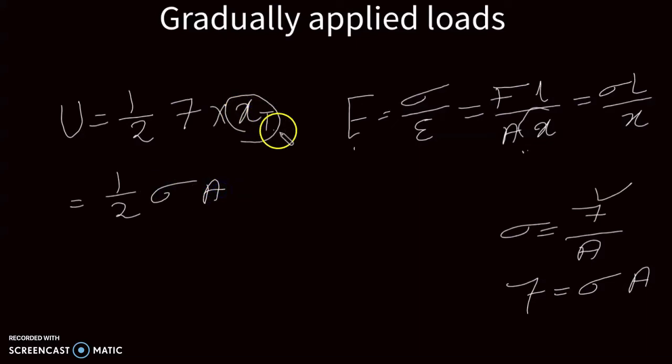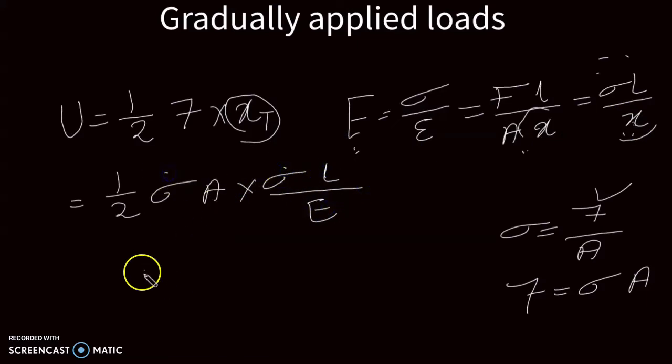And then we come here. We want to express it in terms of stress. Therefore, we are going to make the change in length the subject of the formula, which will give us something like this, times the stress times length divided by the Young's modulus. This and this are the same, therefore we are going to say stress squared times A L divided by 2 times the Young's modulus.